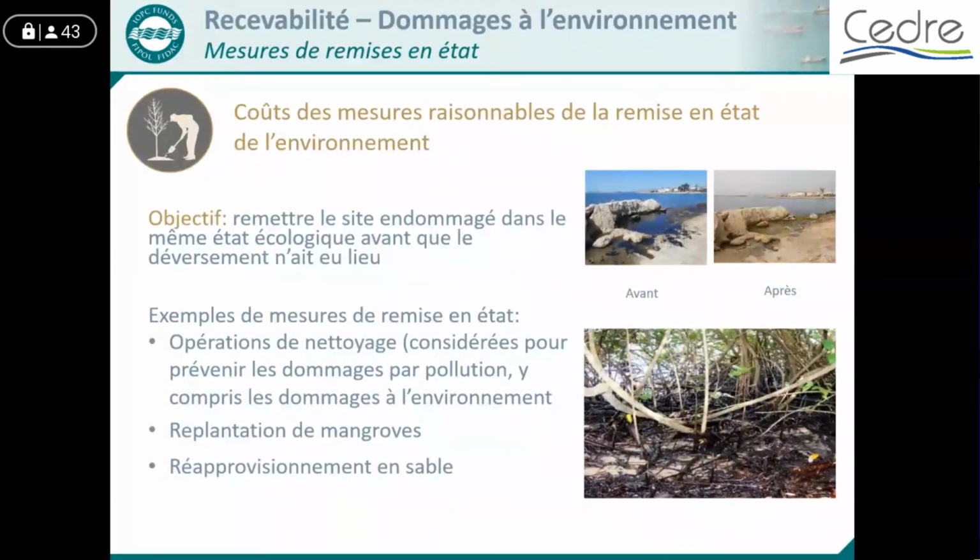But here you have a picture with the pollution and a picture after cleanup. So we know what it was like before the incident, and is it possible to restore it to its original condition in terms of vegetation, for example. So it's important to identify what is possible.